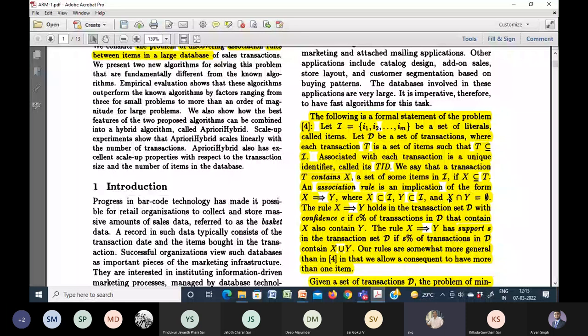So what we require, first of all, if I want to do this sort of association rule mining, or find the association between the item sets, the first thing we want to look at is how frequent these things are, whether it makes sense to look at them.